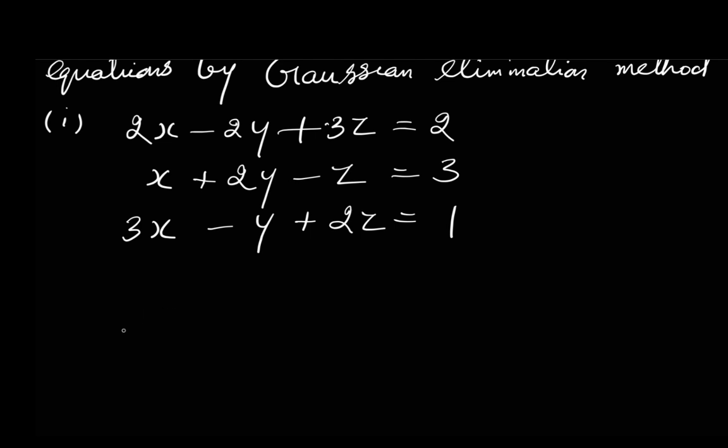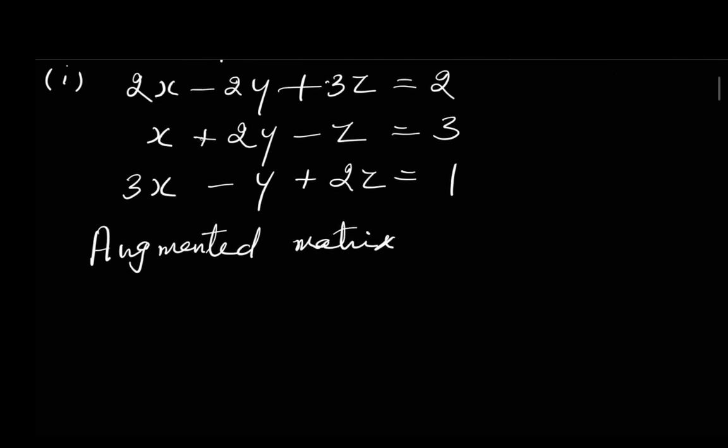And also, first find the augmented matrix here. Augmented matrix. See, write the coefficients of these equations. First equation, the x coefficient is 2, the y coefficient is minus 3. Second equation, 1, 2, minus 1.